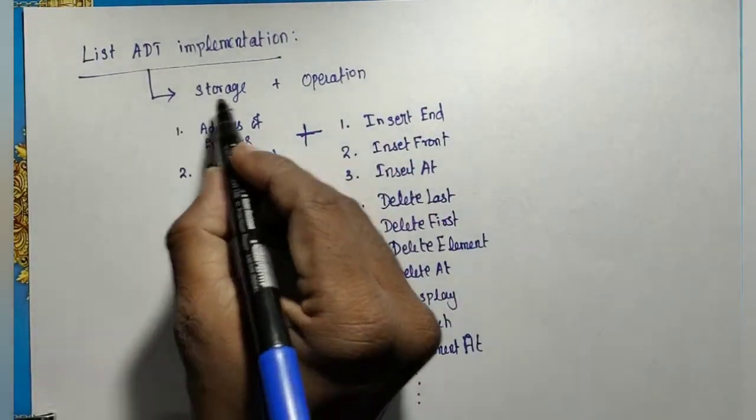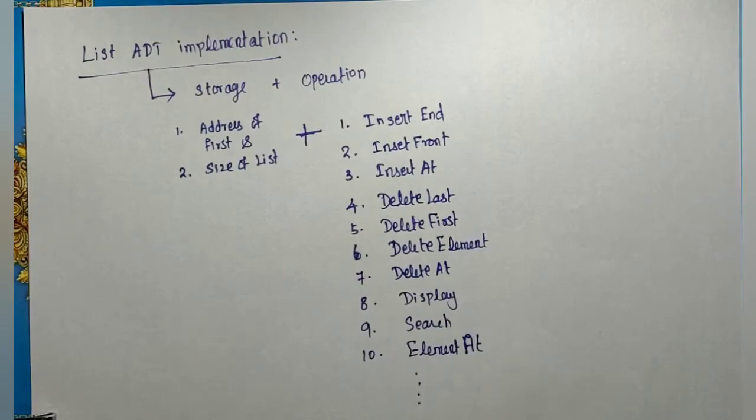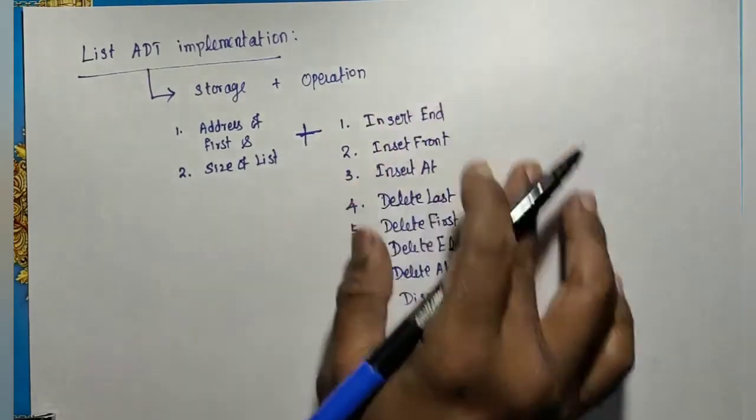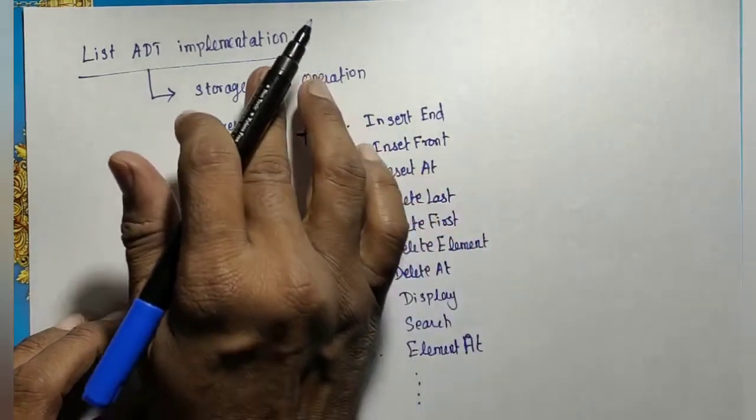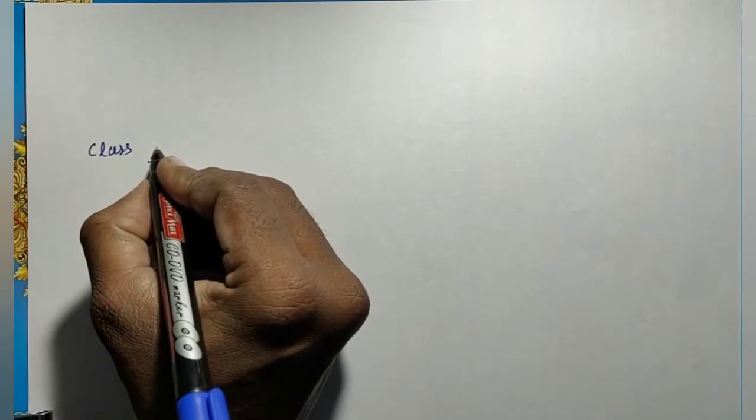So we have chosen the storage, and we have decided what operations are going to be added to the list. Now we will start writing the list creation. I have to start with the class. I am going to name it the list.